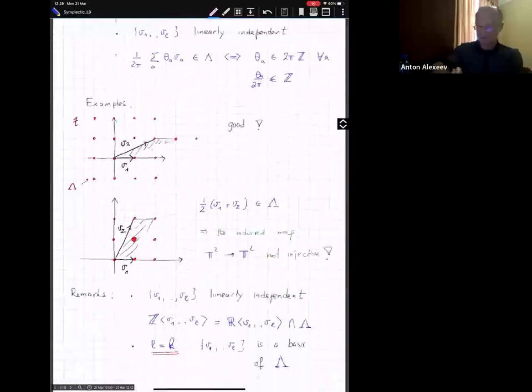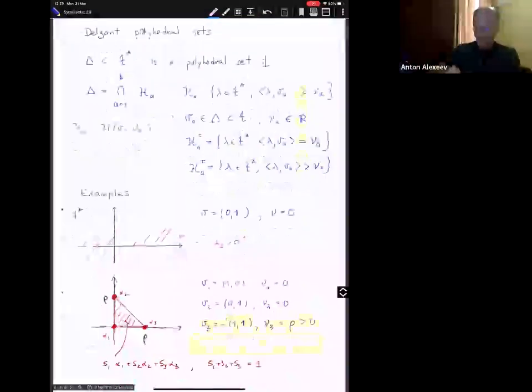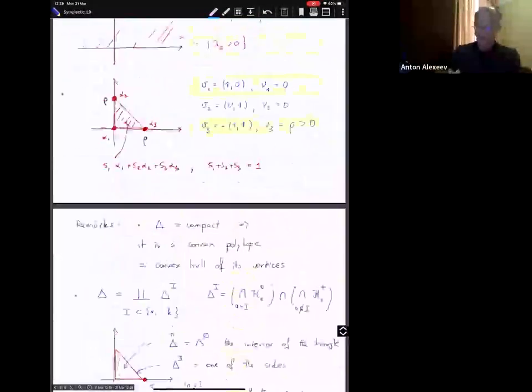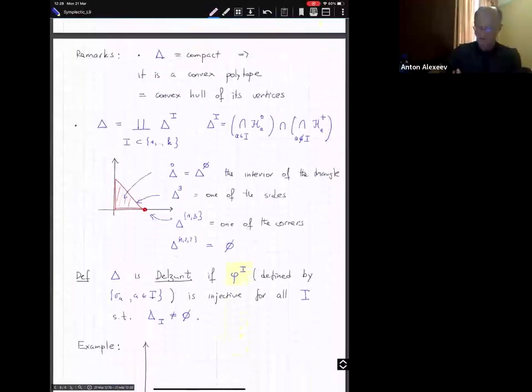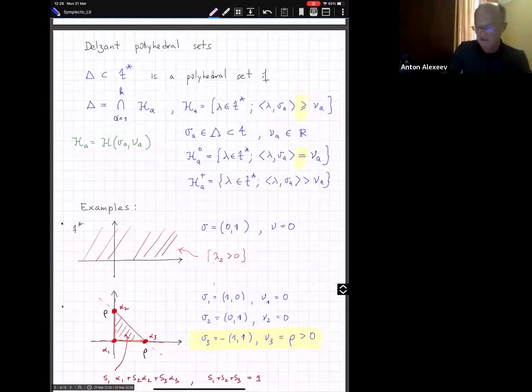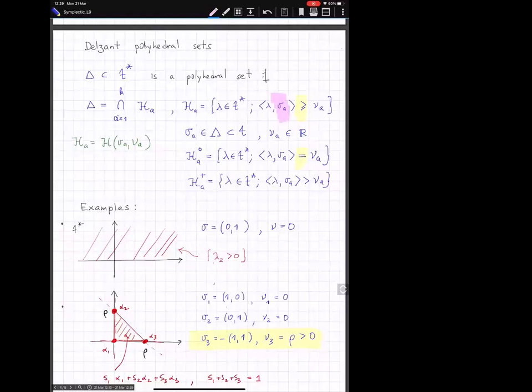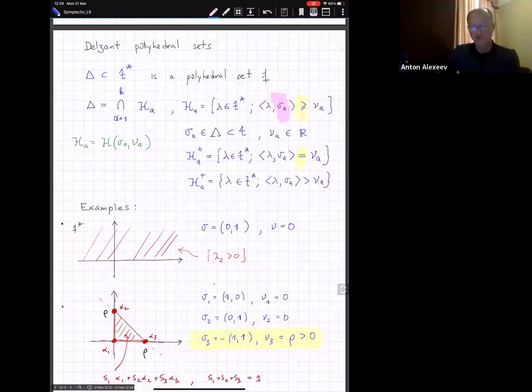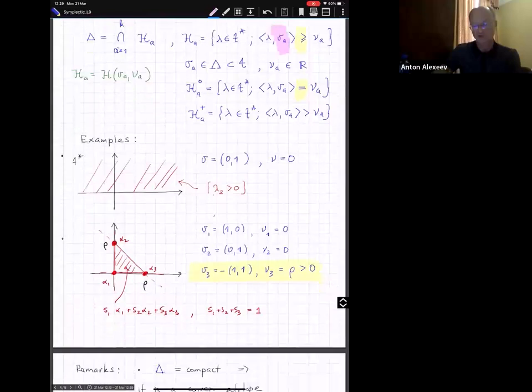So now, what I have in our setup: there is this set of VAs, so there are K of them. But now I'm choosing a subset I of this set from 1 to K, and I'm taking the corresponding VAs.